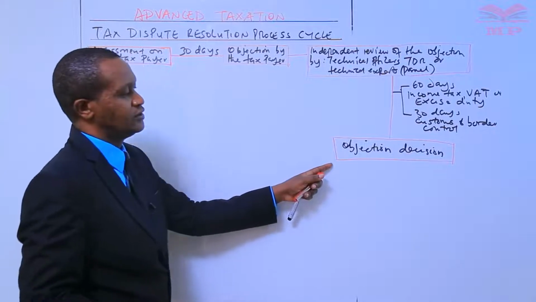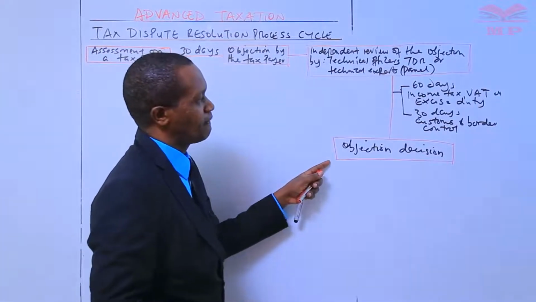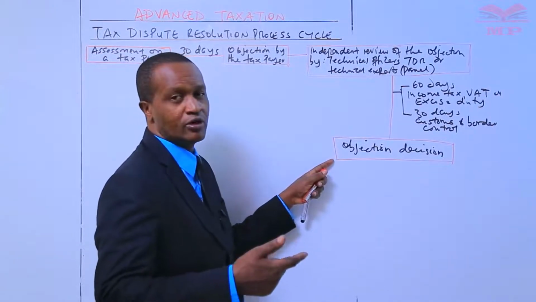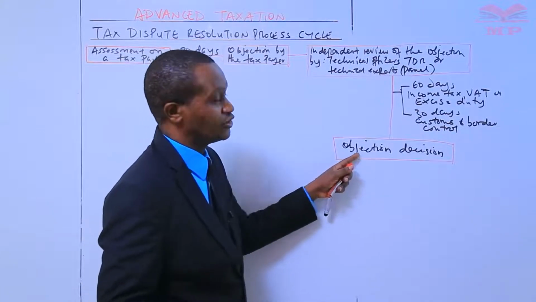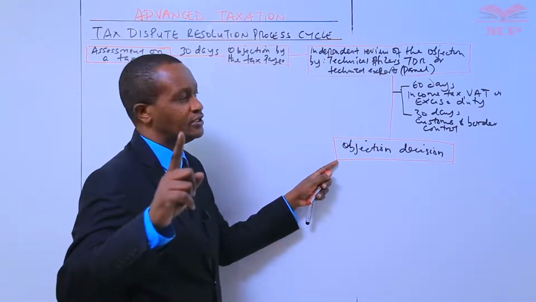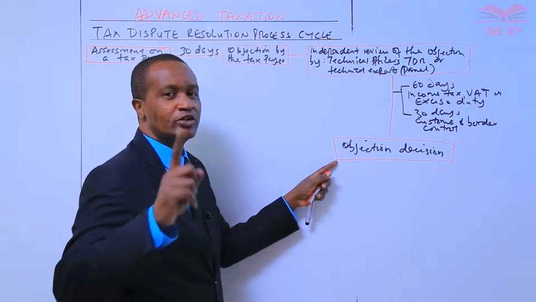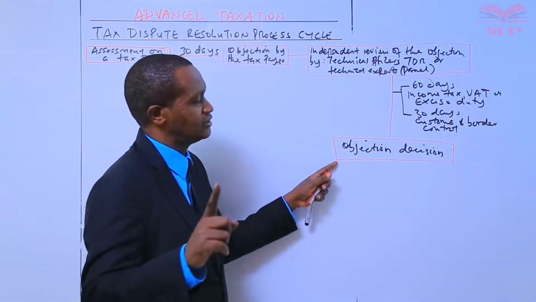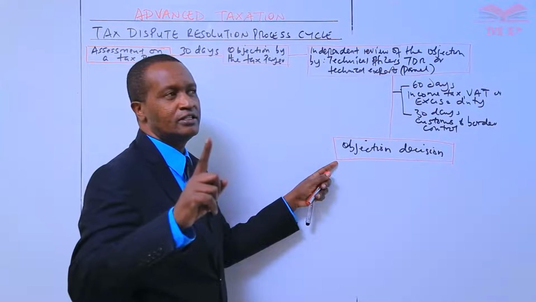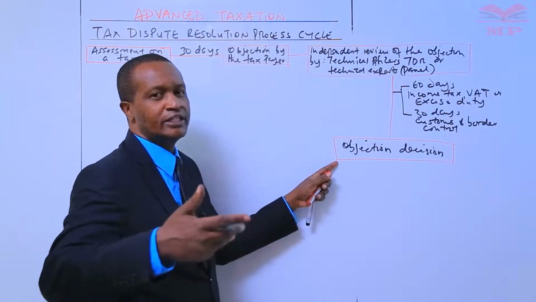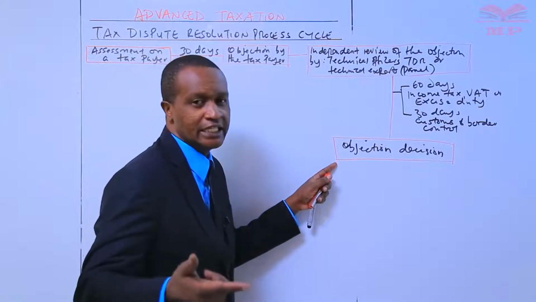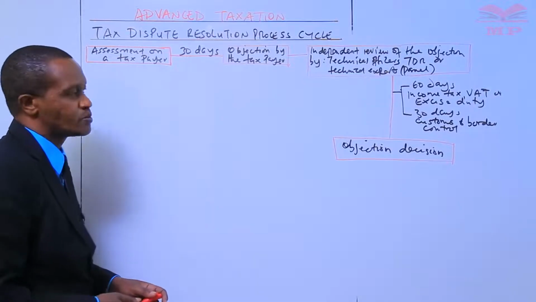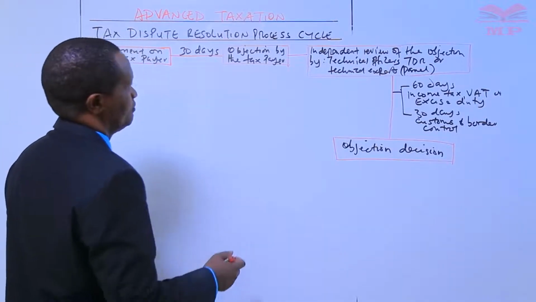If the taxpayer rejects or is dissatisfied by the objection decision, then he is expected to give a notice of intention to appeal within 30 days. Then he is expected to file the appeal within 14 days. So I'm going to have another box here.